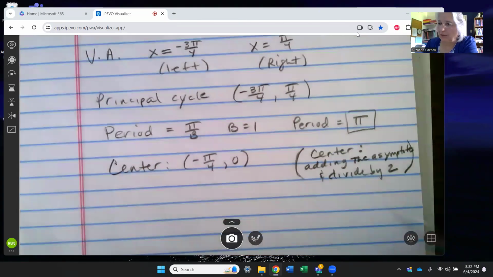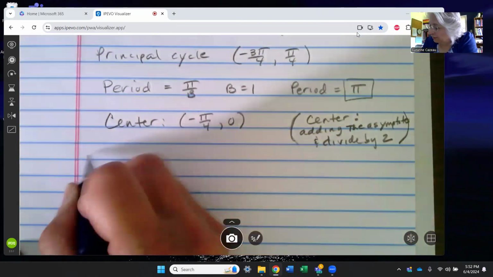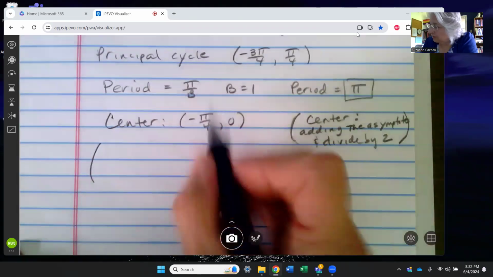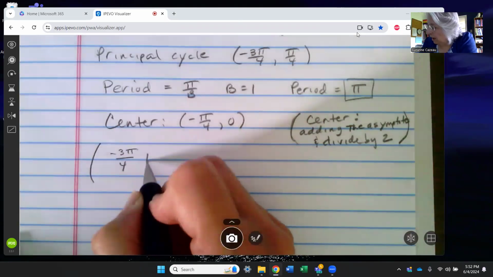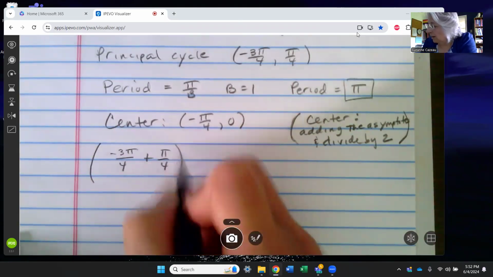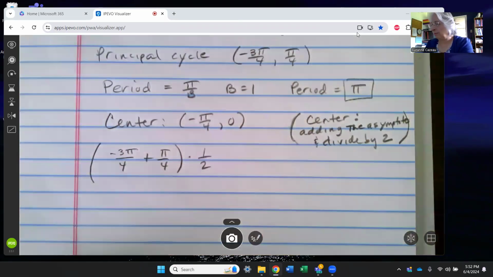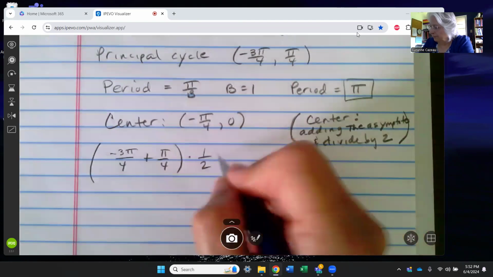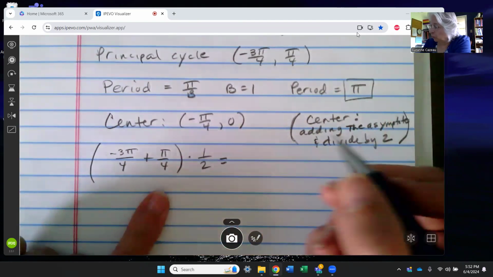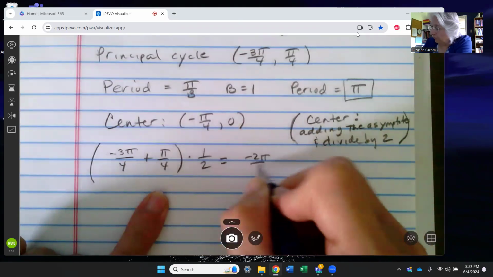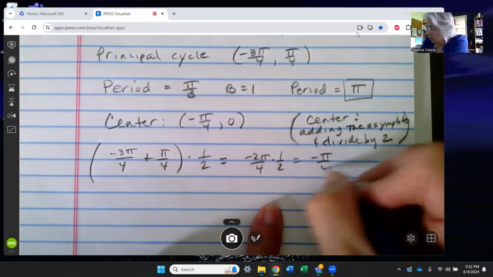So you would say negative 3 pi over 4 plus pi over 4. And now, since you're dividing by 2, that's the same thing as multiply by half. So what is that? That's negative 3 plus 1 is a negative 2. Negative 2 pi over 4, and then times a half is going to be negative pi over 4. Ta-da!